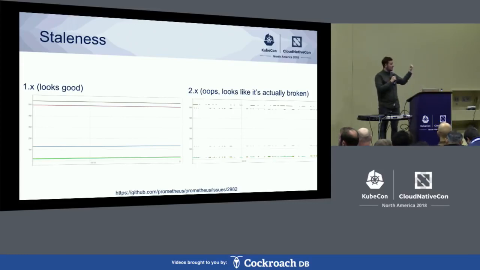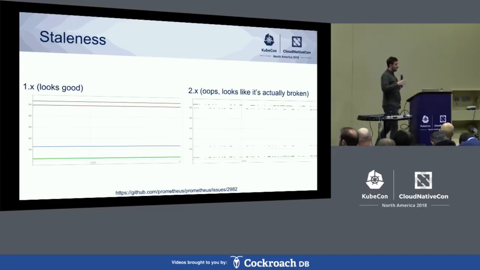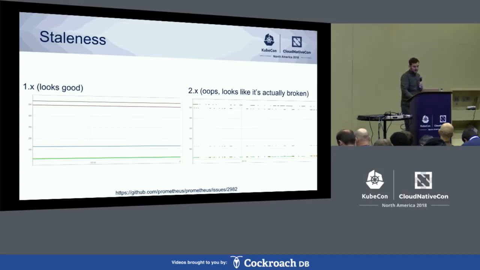And in Prometheus 1.x, this looked totally fine. We have continuous lines, everything looks happy, but in 2.0 with better staleness handling, we immediately noticed that there could be a problem. And as I said, this is super important in order to be sure that the data that we're looking at is always fresh.